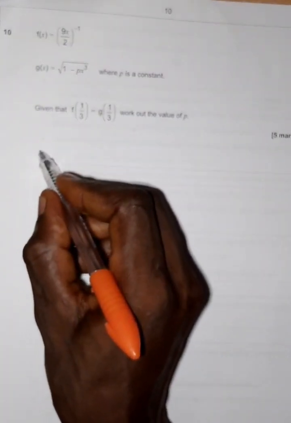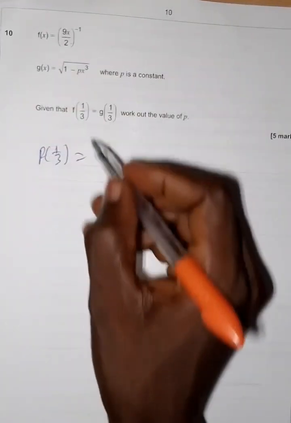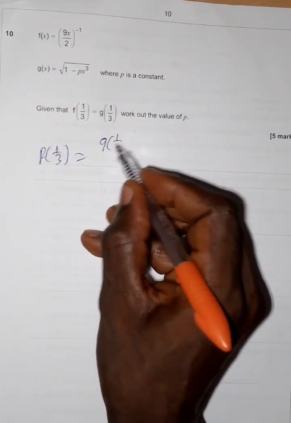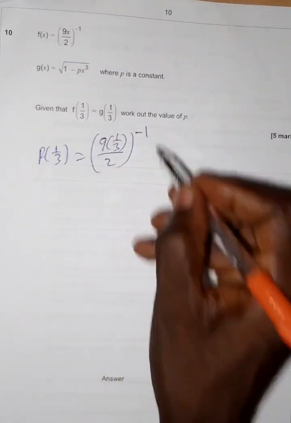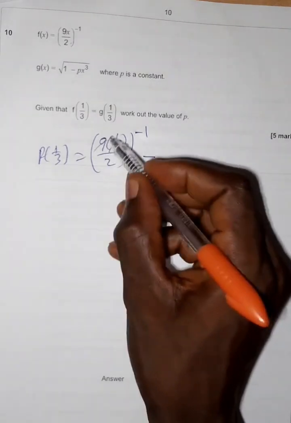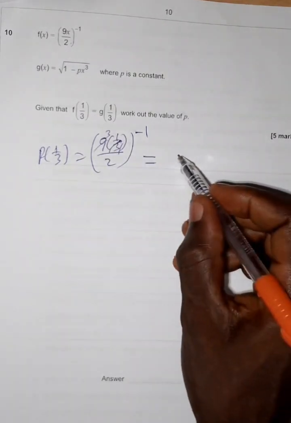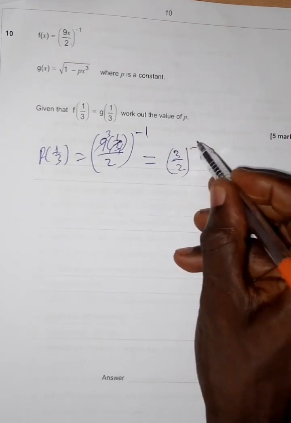So f of 1 over 3 is 9 bracket 1 over 3 in bracket all over 2 to the power of minus 1. So this will be equal to 3 here 1, 3 here 3. 3 times this, we have 3 all over 2 bracket to the power of minus 1.